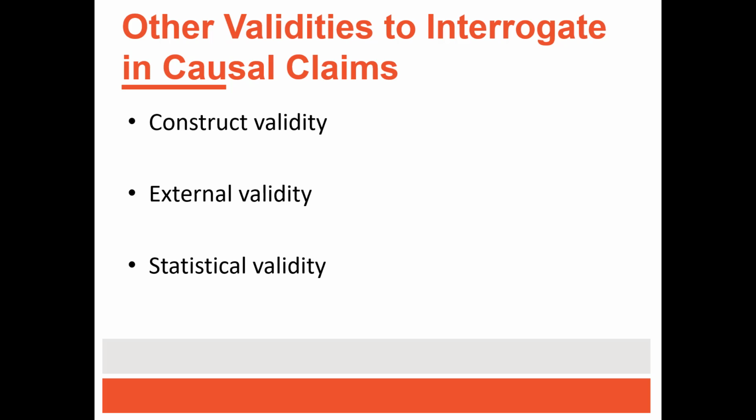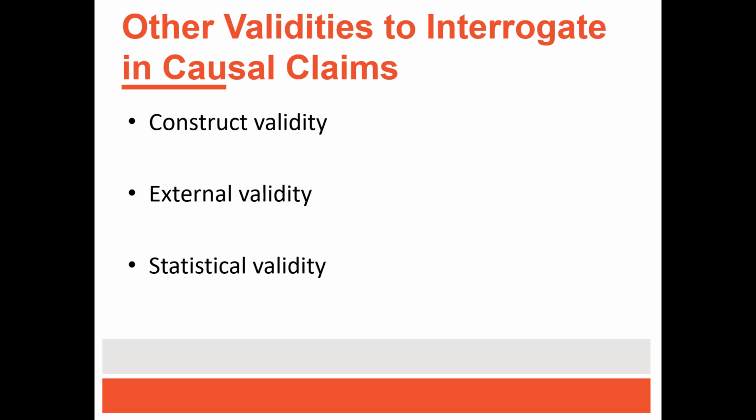Remember that external validity asks, do the results generalize to other people or contexts? This probably isn't paramount since internal validity tends to be emphasized in experiments, and internal and external validity are kind of like two sides of a coin. As internal validity increases, external validity decreases, and vice versa.